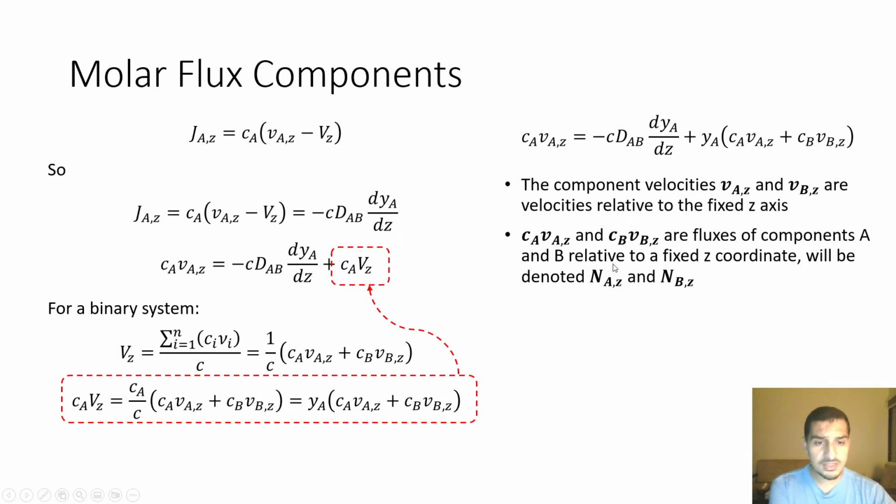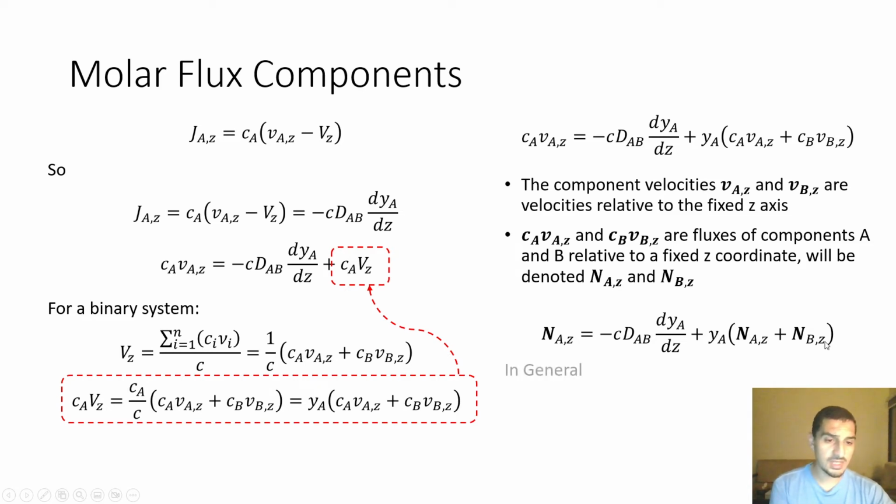So if we put N's instead of CV's, then the equation would be, as we see here, N_A in the z direction equals negative C D_AB dy_A/dz plus y_A multiplied by (N_Az plus N_Bz). And if you want to put it in a general form, then the equation would be, as you see here, nabla y_A instead of dy_A/dz, in case you have the flux in x, y and z directions.